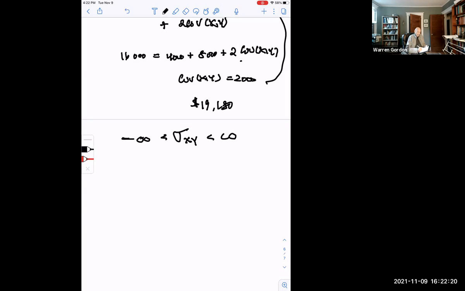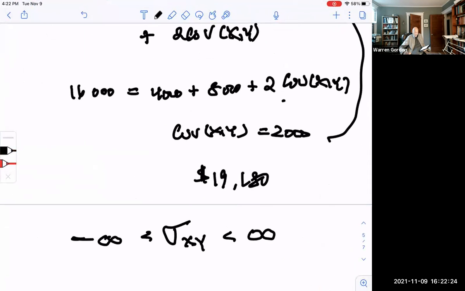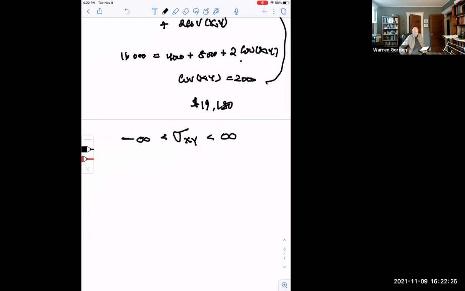It's not well behaved, so it doesn't give us a lot of useful information. A minor change in variables can give us a much greater change in this number. We'd like a number that's much better behaved. So to that end, we define a new concept called the correlation coefficient.